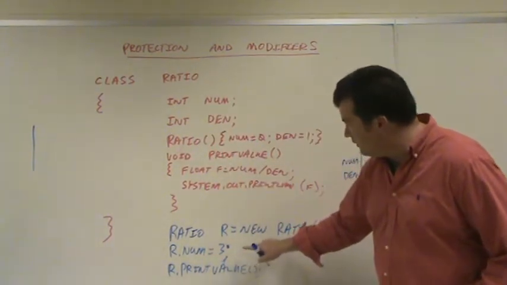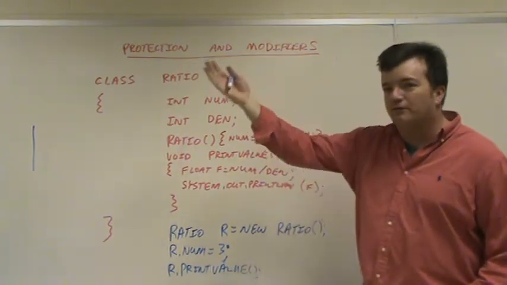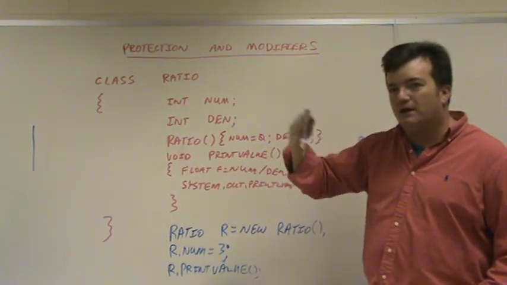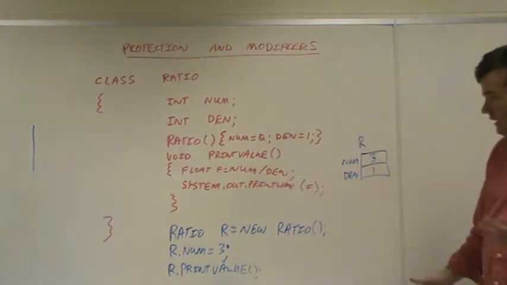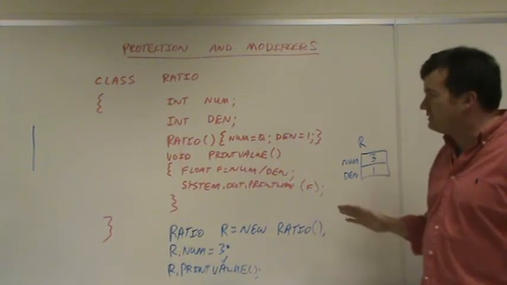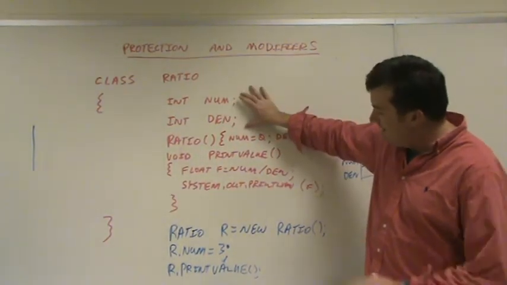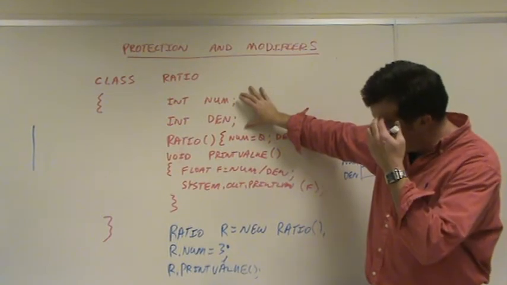Okay, something assumed here is that these fields, numerator and denominator, are accessible from the outside world. Code from the outside world can change those. And maybe you want that, maybe you don't. This is not a real sophisticated example, but let's say we wanted to have the numerator and denominator not exposed to the outside world.